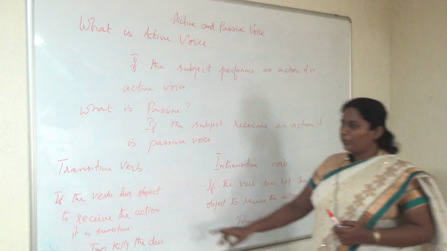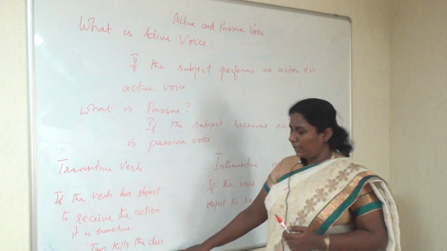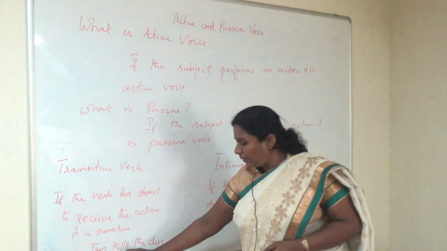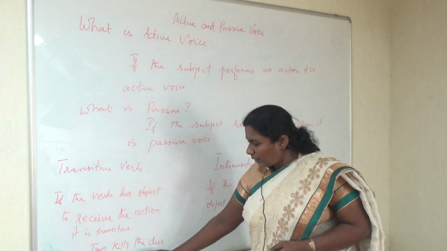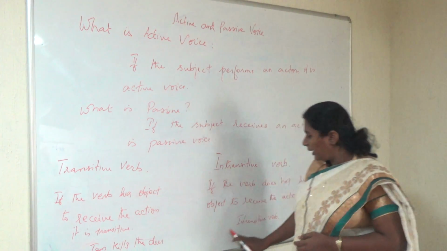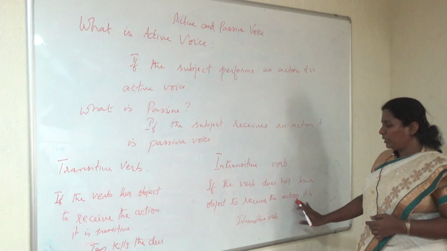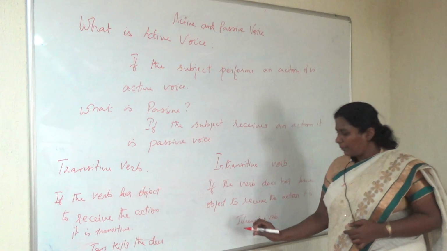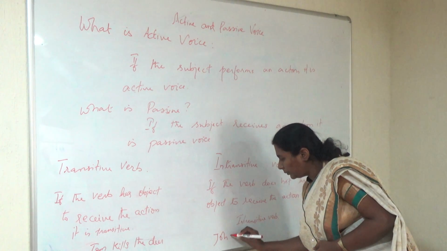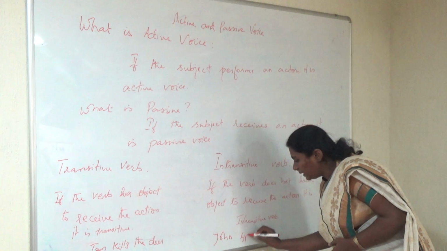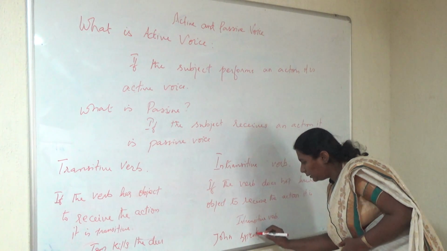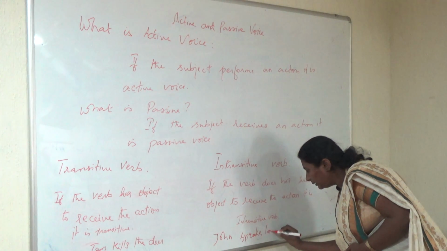For example, for a transitive verb: Tom kills the deer. The action takes place on the object over here. And for an intransitive verb, if the verb does not have an object to receive the action, it is an intransitive verb. For example, John speaks loudly.